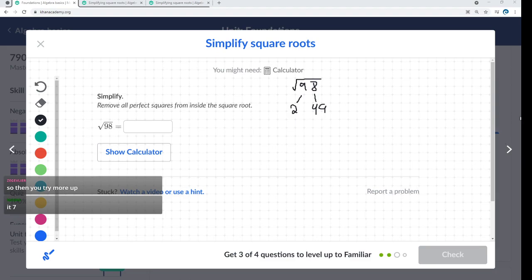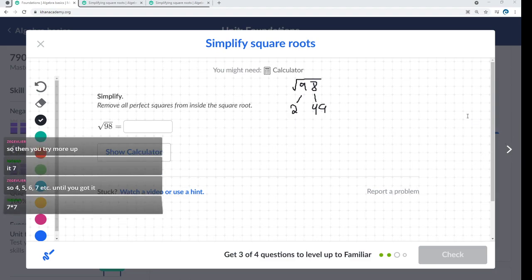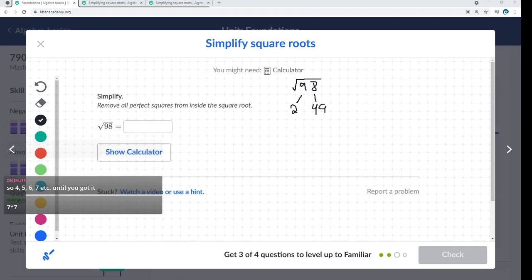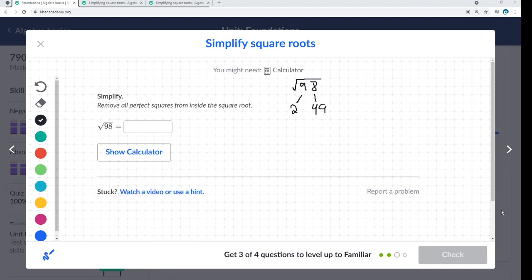Oh, is it 7? Oh, you're right. You got me. 7. 49 divided by 7, that's going to do it. I just didn't go up high enough. Got it. Thank you. 7 and then 7.